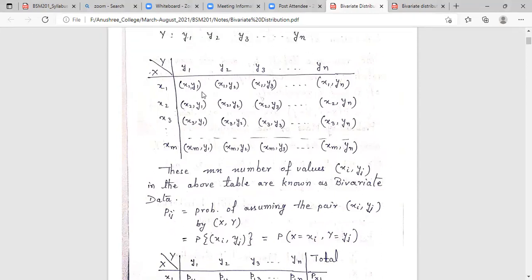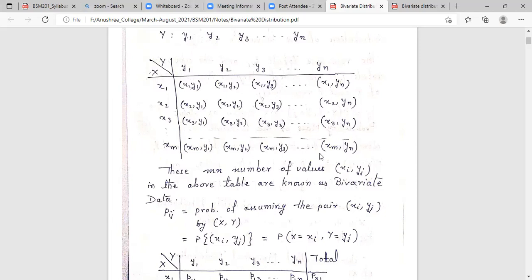The entries of the table give us the joint distribution values: at the x1 and y1 position it takes x1, y1, at x1 with y2 it takes x1, y2, at x1 with y3 it takes x1, y3, likewise up to x1, yn. Similarly, the second row starts with x2: x2, y1, x2, y2, x2, y3, up to x2, yn. And likewise, we can populate up to xm.